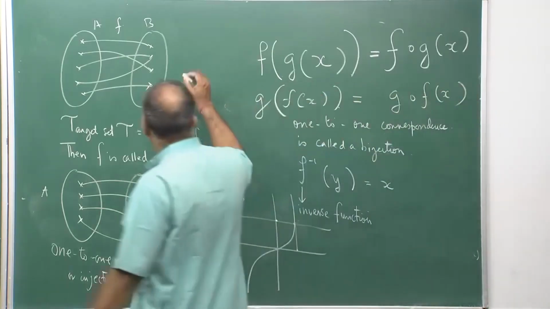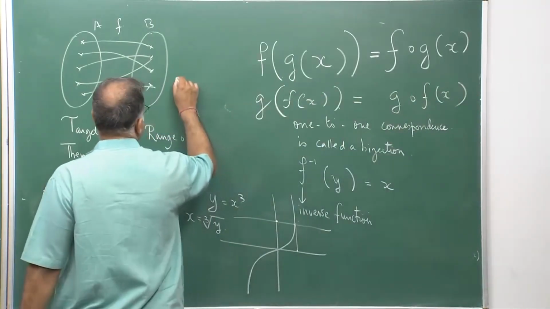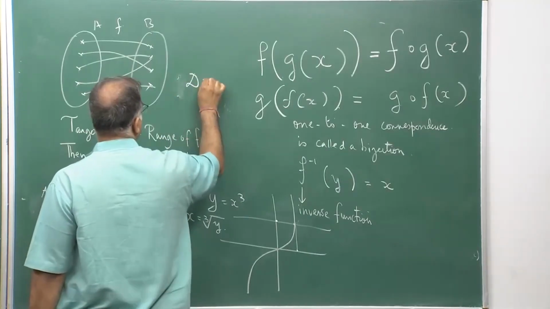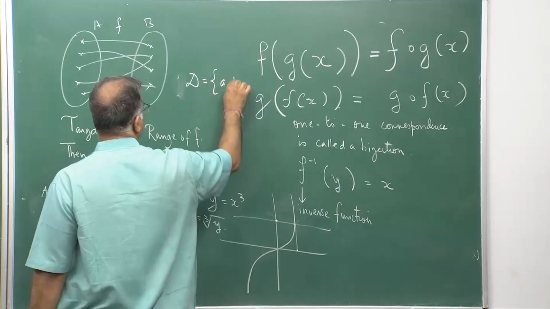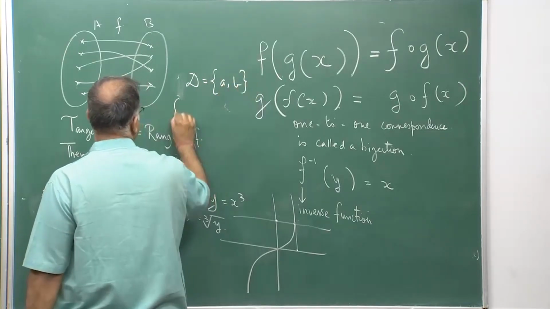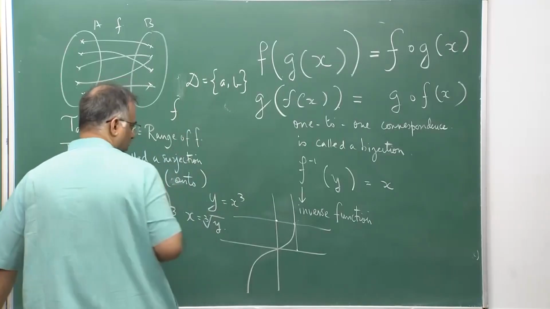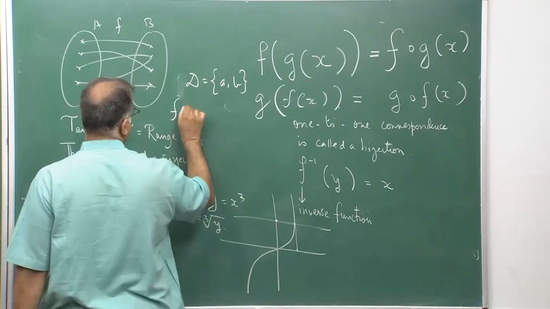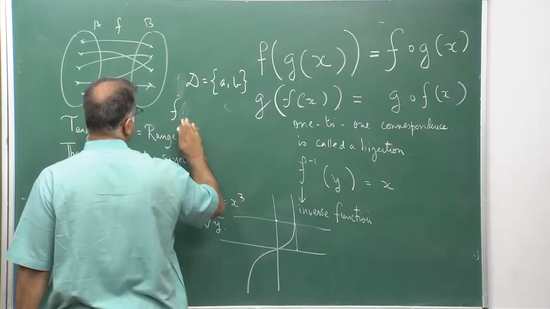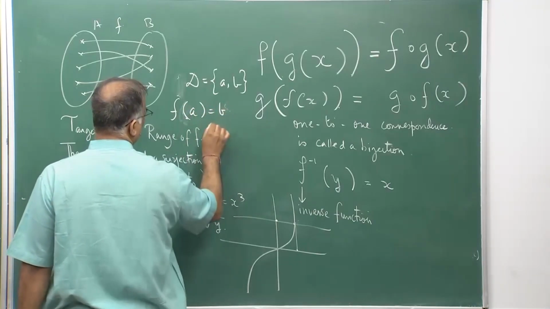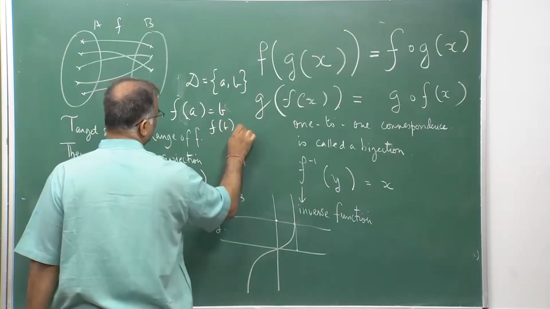I would just give an example. Say you take a function with domain as 2 points, a and b, and say f of a is b and f of b is b.